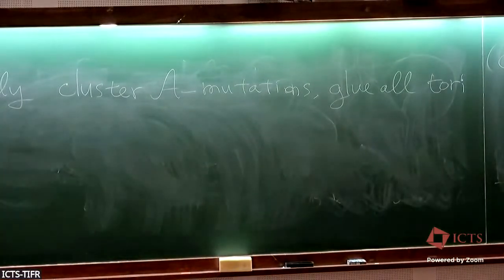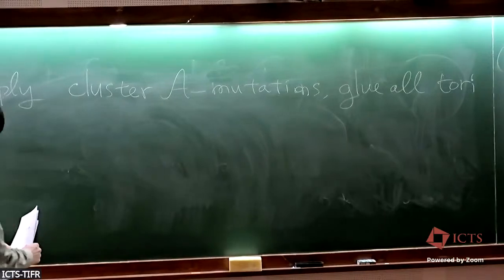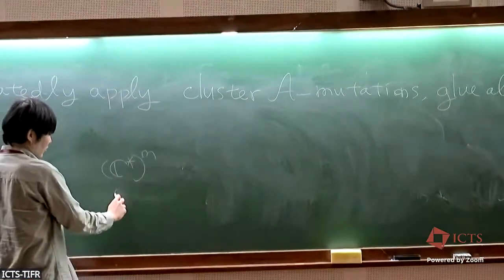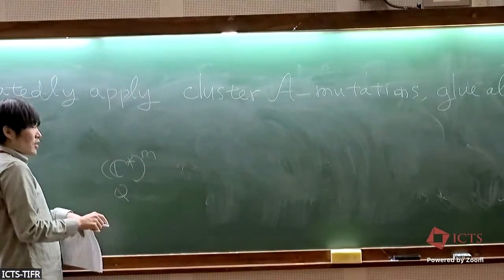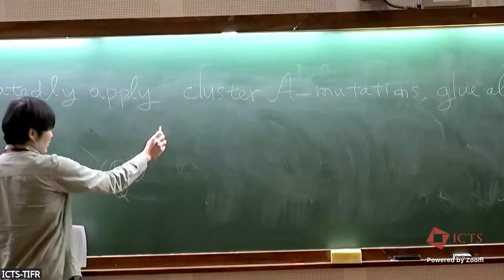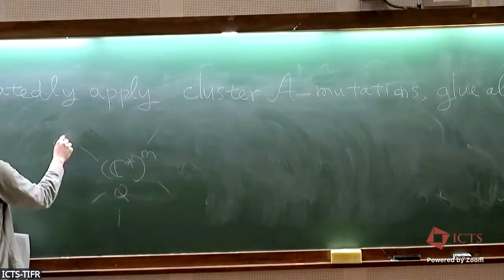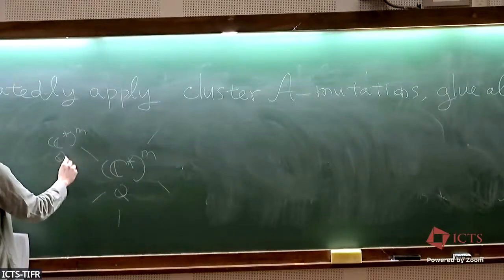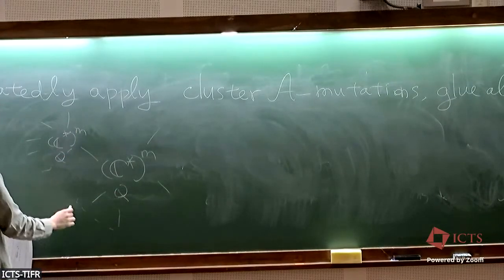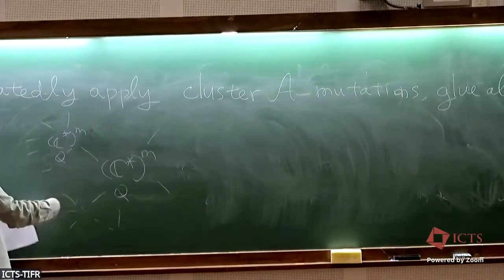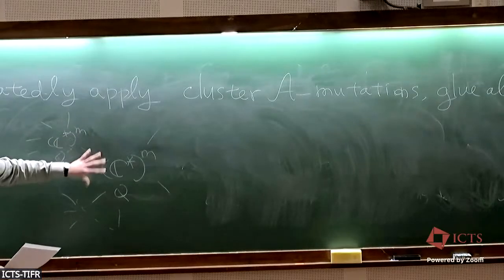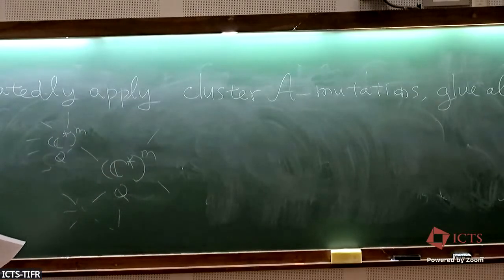This means that you start from one torus equipped with some quiver. If the quiver has m vertices, there are m ways of mutating it. So you get m different tori after mutation. And for each quiver, you can mutate again. So in general, you get infinitely many different tori. Each of them is related by these cluster mutation formulas, and then you glue them together.